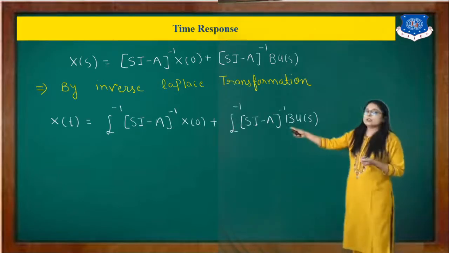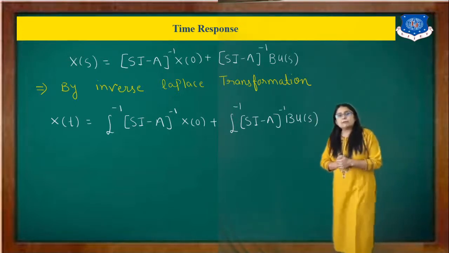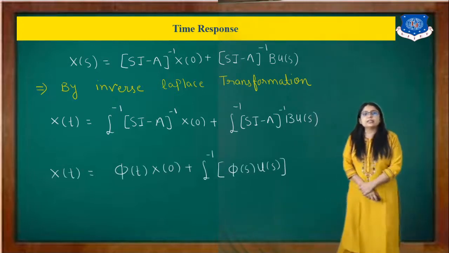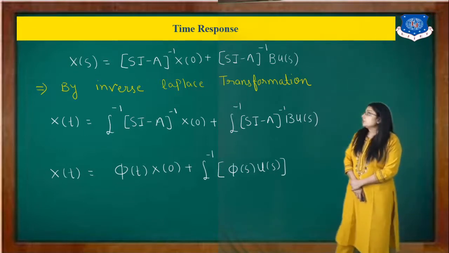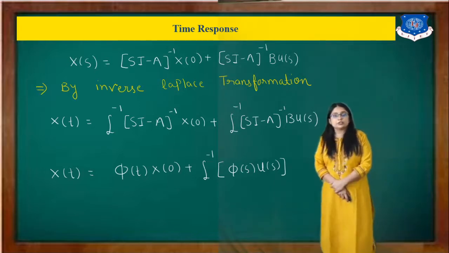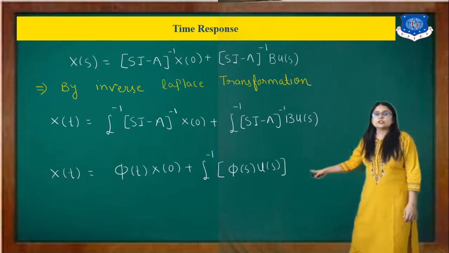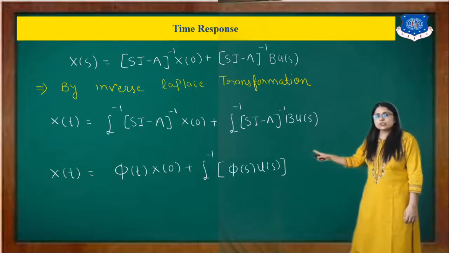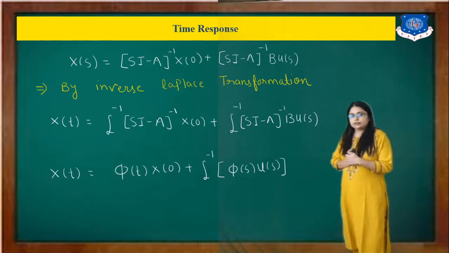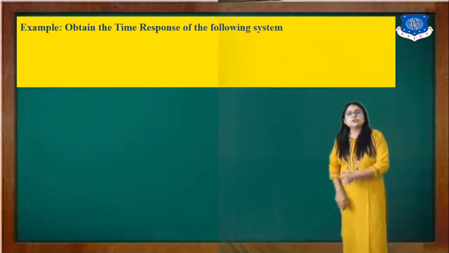So the inverse Laplace is: Laplace inverse of (sI minus A) inverse into x(0) plus Laplace inverse of (sI minus A) inverse B into U(s). If you remember, the Laplace inverse of (sI minus A) inverse is nothing but phi of t, the state transition matrix, into x(0), plus Laplace inverse of phi(s) B U(s), because phi(s) is 1 upon sI minus A. You have to use this formula to find x(t).